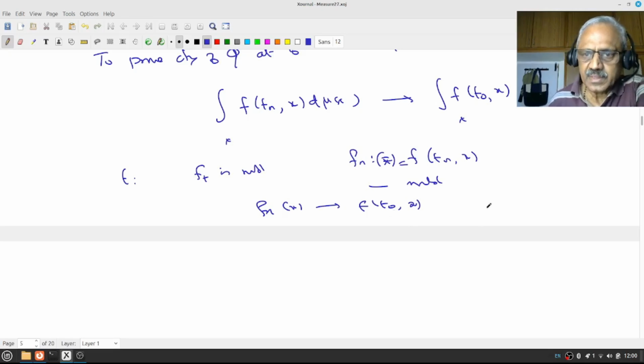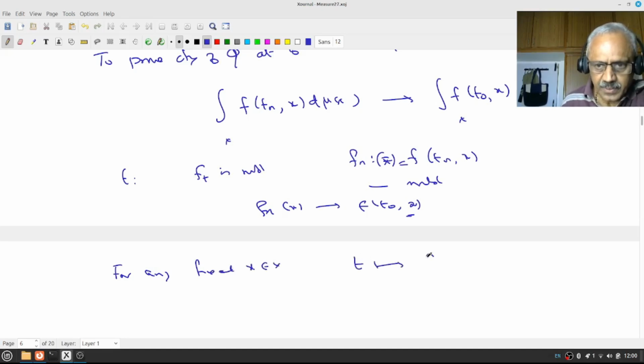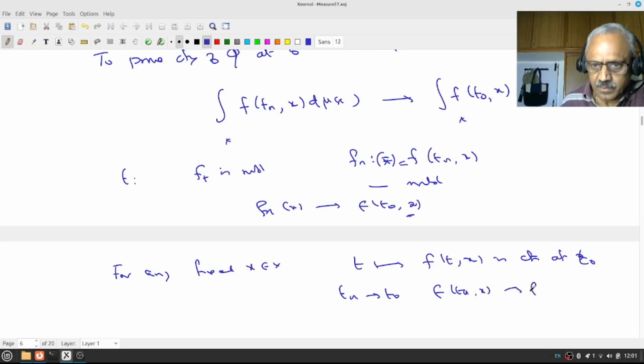Because for any fixed x, the function t going to f of t x is continuous at t naught. Therefore, when Tn converges to t naught, then f of Tn x converges to f of t naught of x.